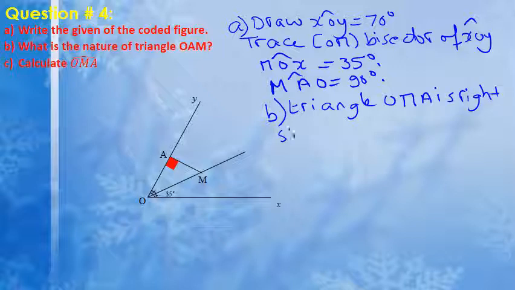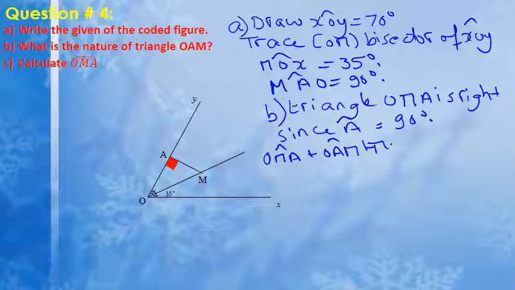Why? Since angle A is equal to 90 degrees. Now we should calculate angle OMA. We have OMA plus OAM plus MOA is equal to 180 degrees, sum of angles in a triangle.